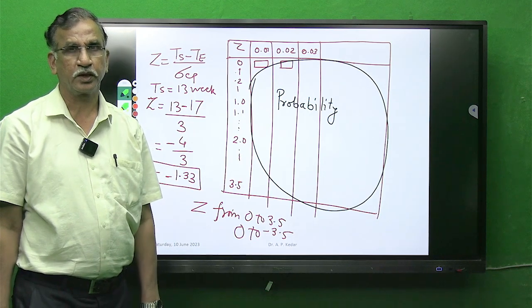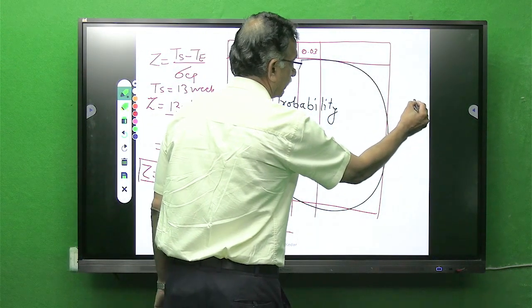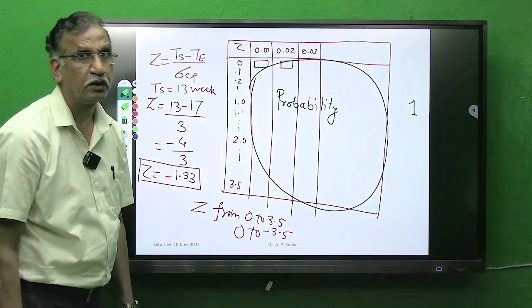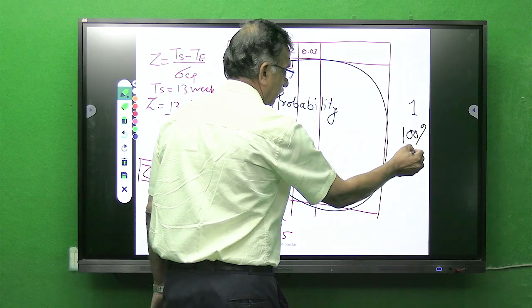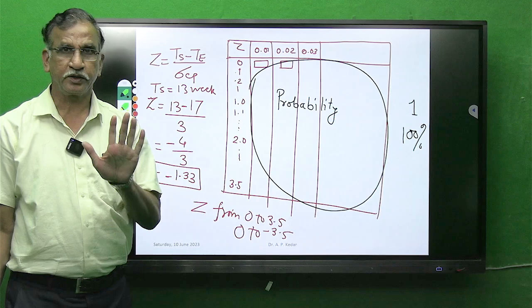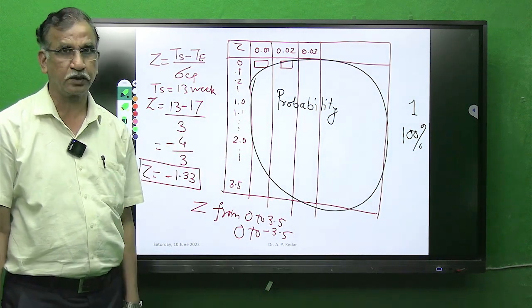And students, we know that maximum probability is 1. If we want to quote it in percentage, it is 100%. Maximum probability is 1, that we know, but if we want to quote in percent, it is 100%.